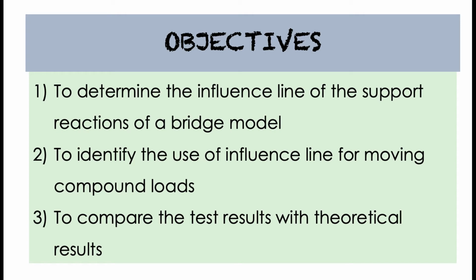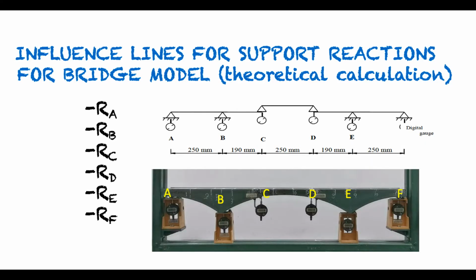So we need to prove it by doing a lab test. The test not only to prove the theory of influence line, but also we want to determine whether the concept of influence line can be used for the compound load and the usage for the bridge model reaction.